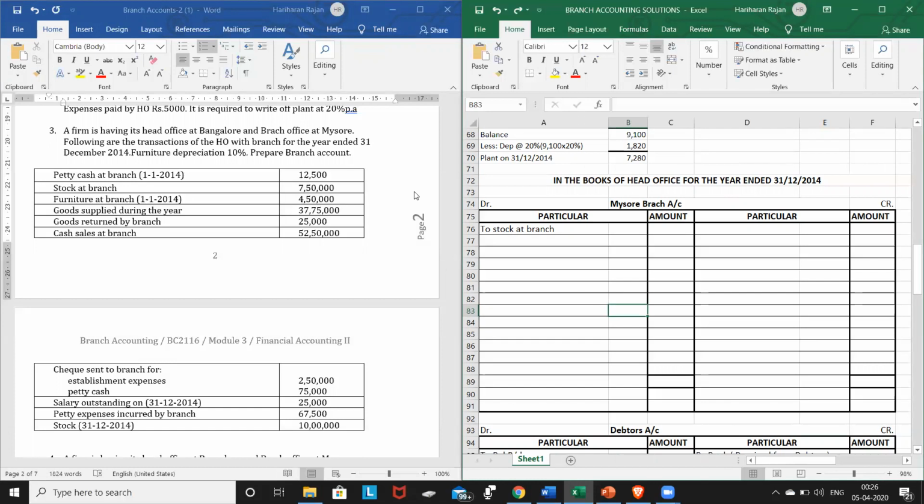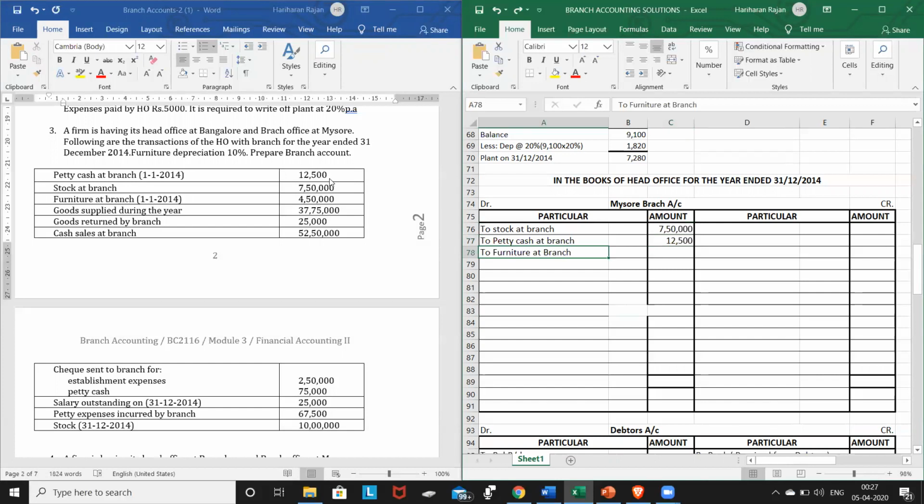First one, stock at branch is 7,50,000. Petty cash is 12,500.